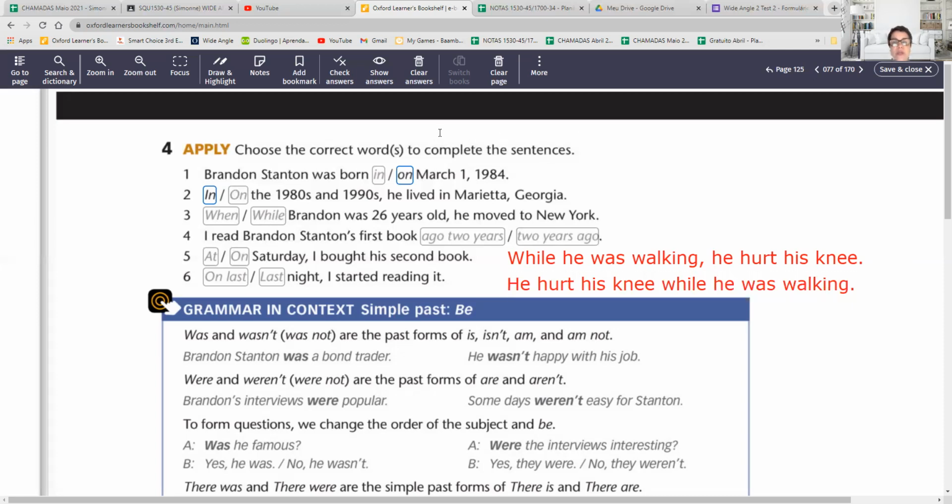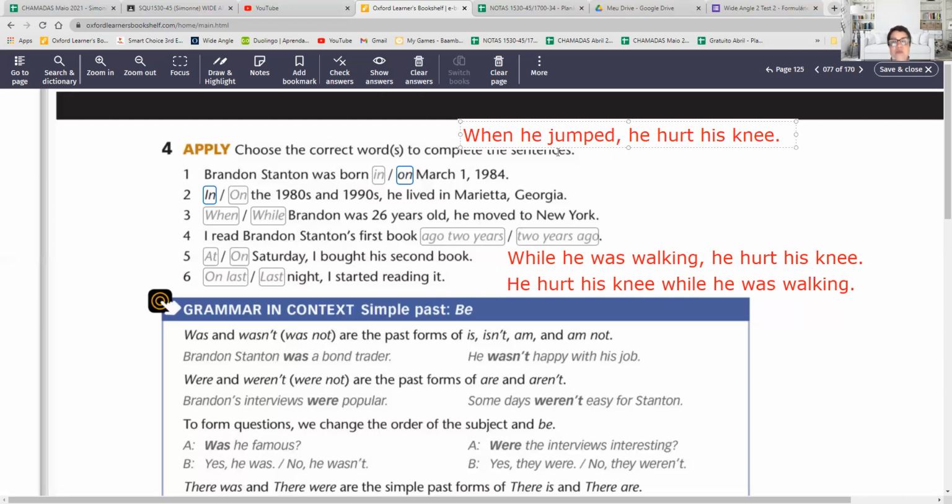Now when is only for when I say specifically when something happened. For example, when he jumped, he hurt his knee. This is totally different from the first example, because in the first example we have an action that was in progress and then he hurt his knee.